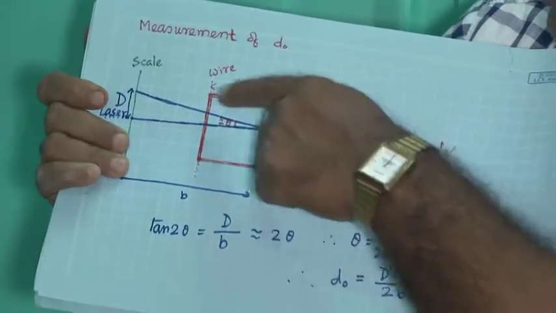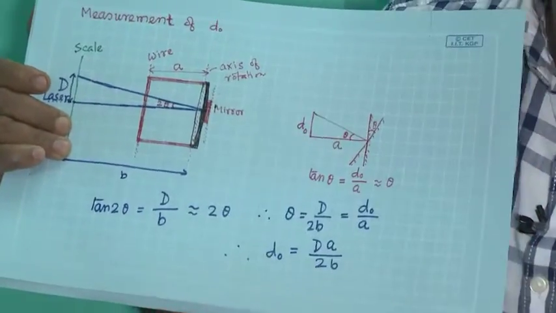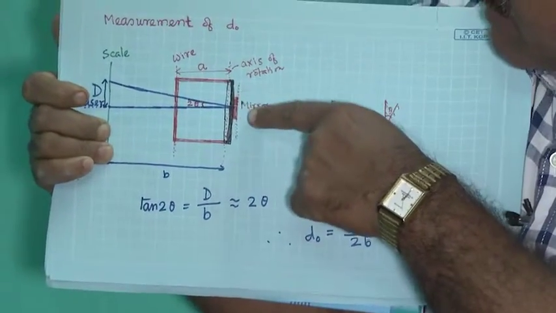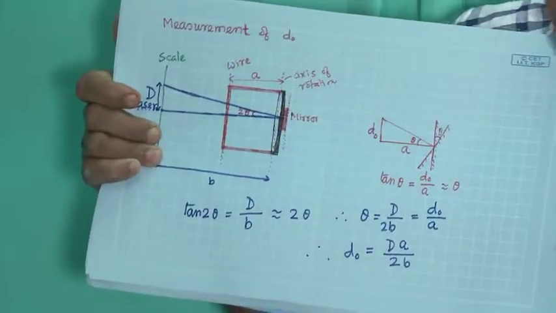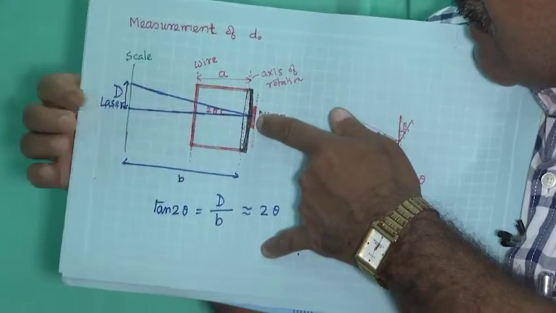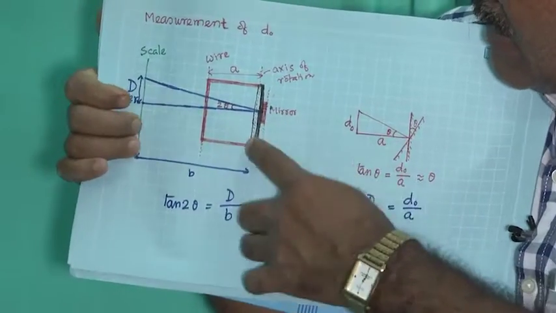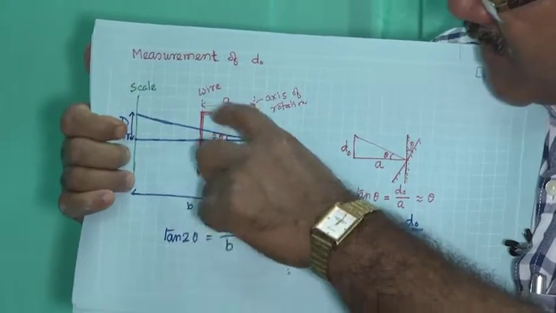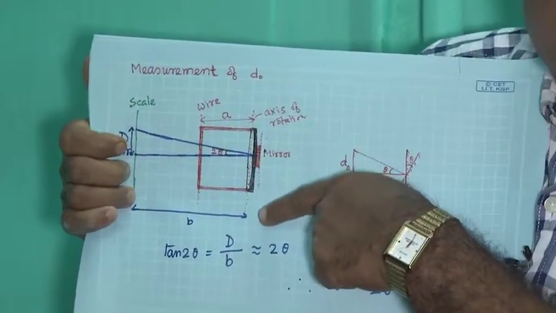this upper part I have drawn, okay, upper part, this I have drawn. So here mirror is here, okay, mirror is here. And I put weight here, and then it touches this bottom wire.